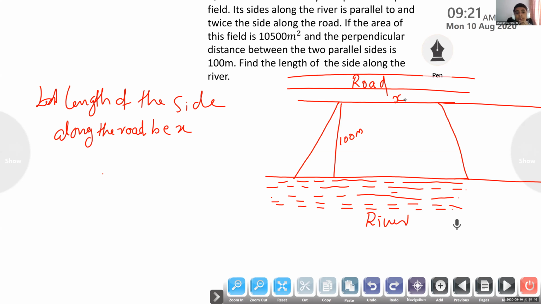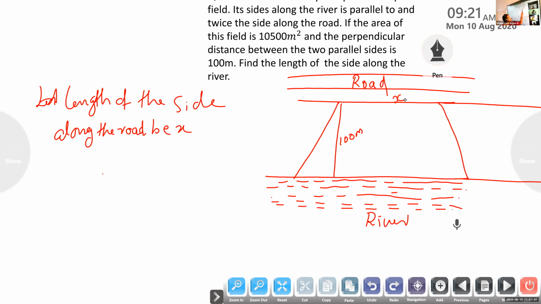It is given that the length of the side along the river will be twice the length of the side along the road. So we took the length of the side along the road as x. How much will be the length of the side along the river?